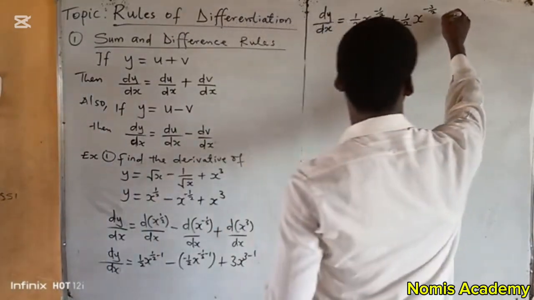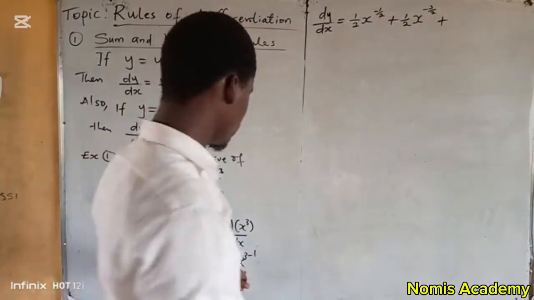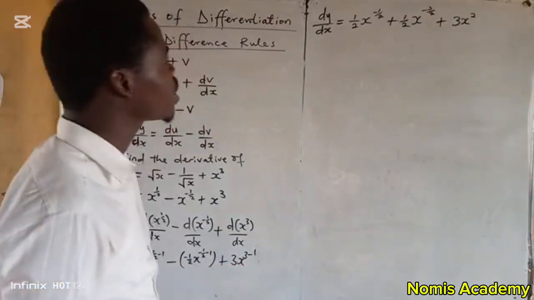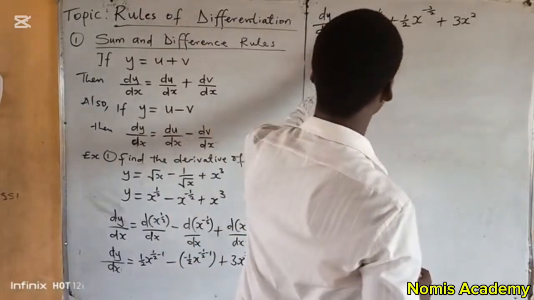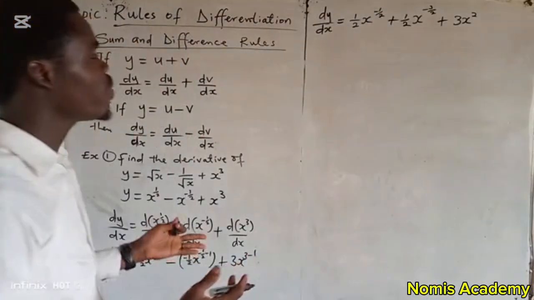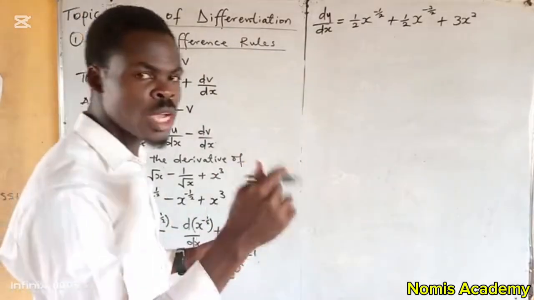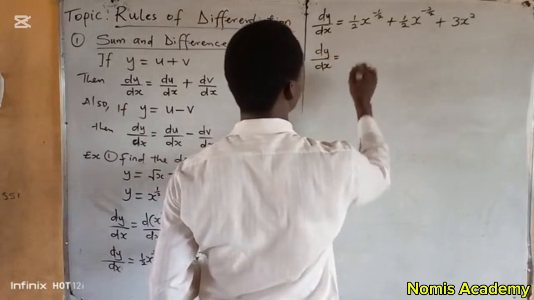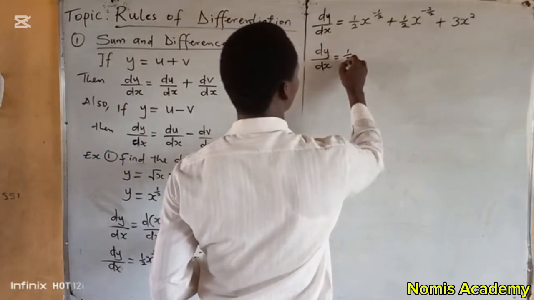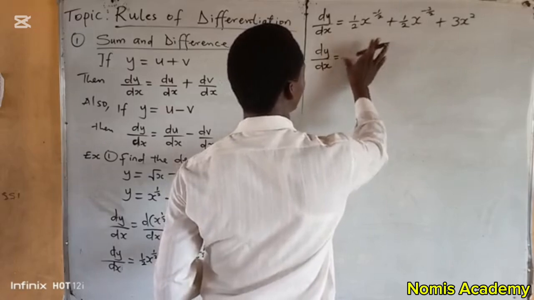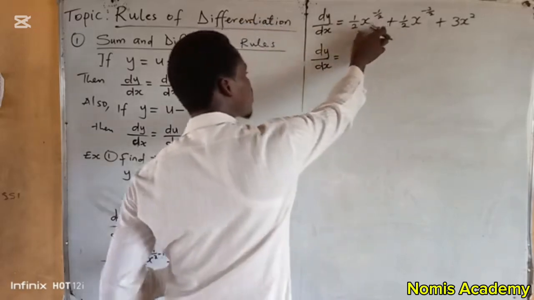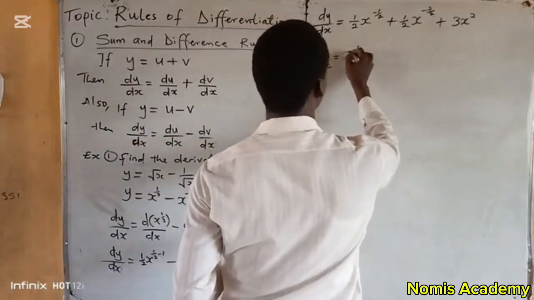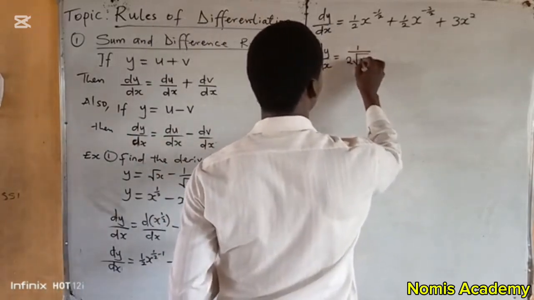Then we proceed to the next. We have 3x raised to the power of 2, since 3 minus 1 is 2. So, as you can see, this is the solution to the problem. We can go further to introduce the square root sign. dy over dx is equal to 1 over 2, or we write it this way: since we have minus 1, we are transforming from the index form to the standard form, and that will be 1 all over 2 square root of x.